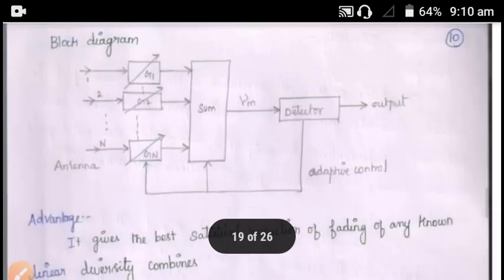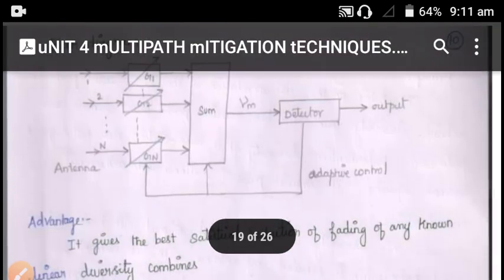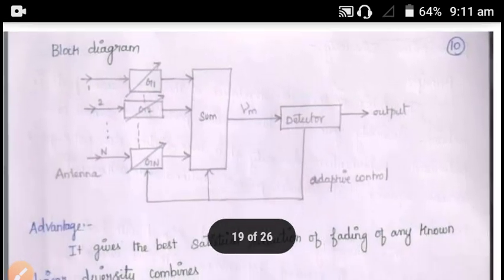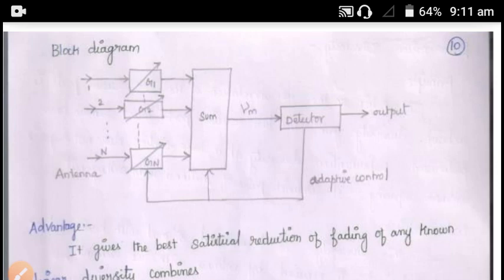So this is the diagram for the maximal ratio combining. We know there will be n number of transmitters, right? So n number of signals are going. These are weighted according to their individual signal voltage to noise power ratio.